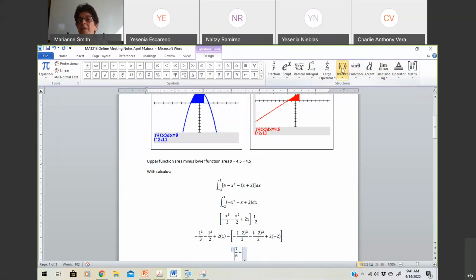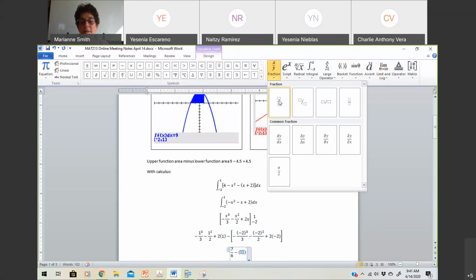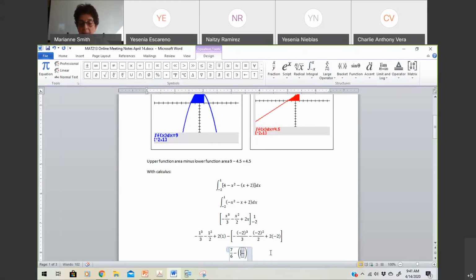So this gives me... and hopefully when I add these two fractions, I'll get 4.5. Let's see. And yes, I get 4.5.